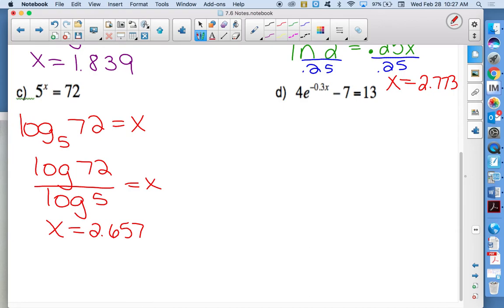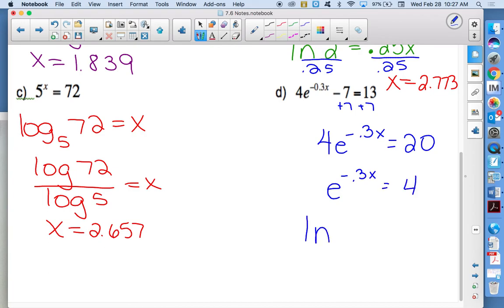And then the last problem, 4e to the negative 0.3x minus 7 equals 13. So Mason, what will we do to solve letter E? Add 7 to the other side. So 4e to the negative 0.3x is equal to 20, so e to the negative 0.3x is equal to 5, and then ln of 5 is equal to negative 0.3x.